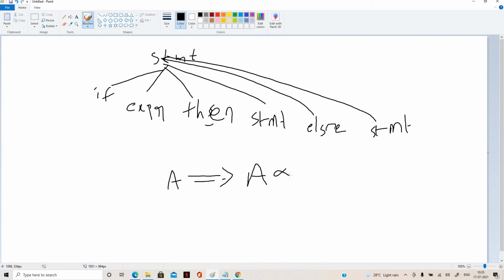So here we are going to take one small example. We have one algorithm to eliminate left recursion. With the help of that algorithm, we can eliminate the given left recursion.